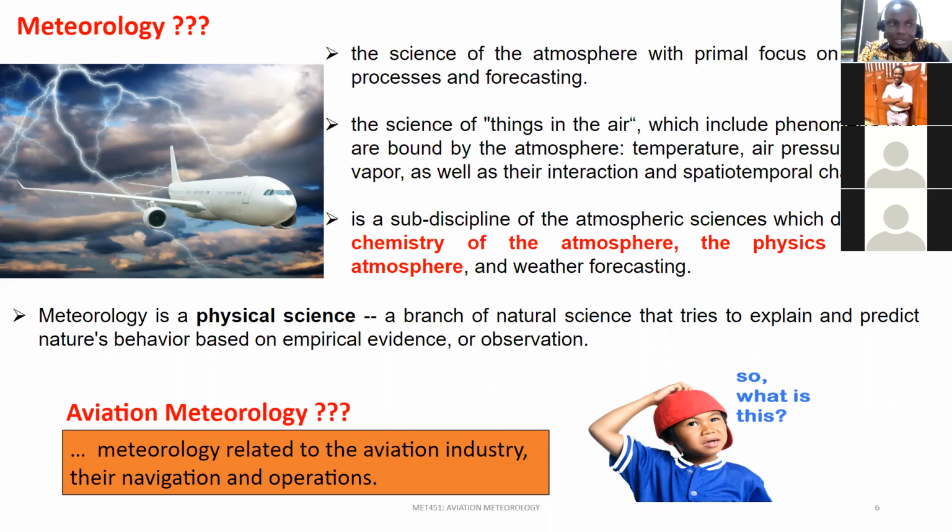So we are looking at basically the entirety of meteorology as the complete study of the atmosphere, making use of the physical equations, the mathematical computational equations we know, and also computational power in order to give reliable information related to the aviation industry and their various processes. And so that's, in layman's terms, what aviation meteorology is all about.